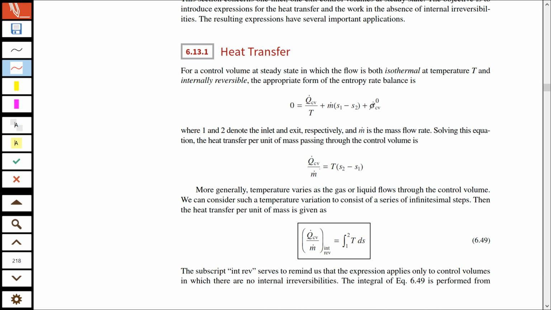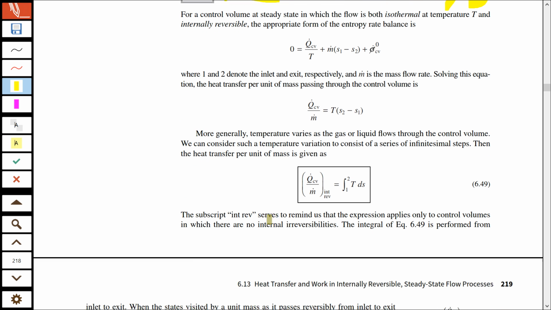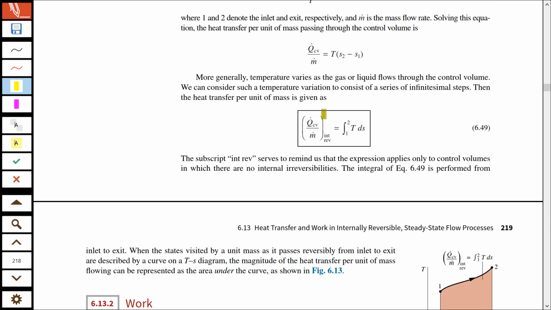Because this section is focusing on heat transfer. We know heat transfer has associated with it entropy. So entropy transfer arises from heat transfer. So that's why we would like to express the heat transfer divided by m dot as an expression which involves entropy and temperature.